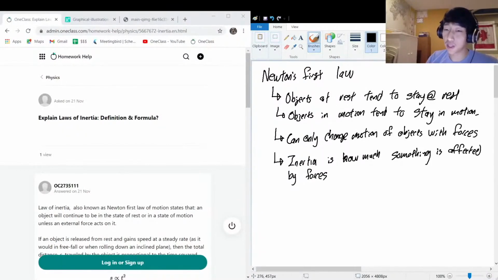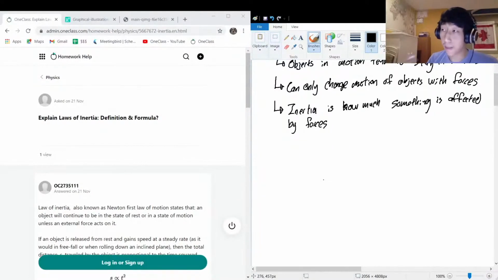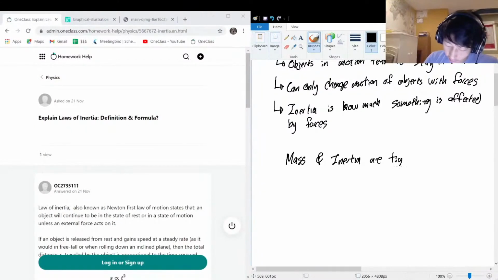So another way that we can say it is that inertia and mass are tightly related. Like in the example we just had, wind would be a constant force.